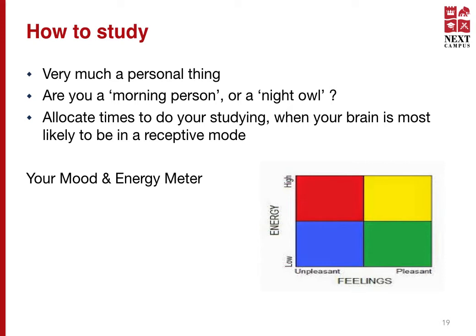Knowing this is very important because you have to allocate time to do your studying when your brain is most likely to be in a very receptive mode. And before you start studying, check your mood and your energy. Is your energy high? Is your energy low? Are you in a good mood? Are you in a bad mood? Because all of this results in whether or not you can effectively study. So, identifying yourself is very important.